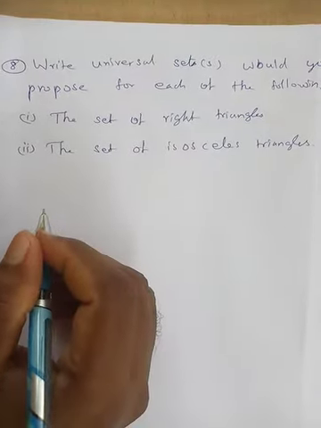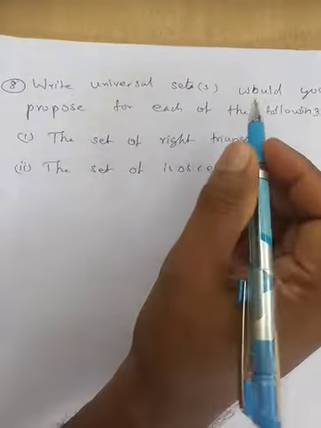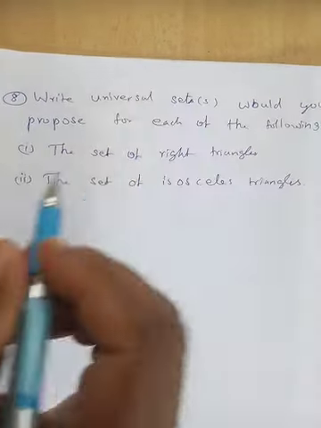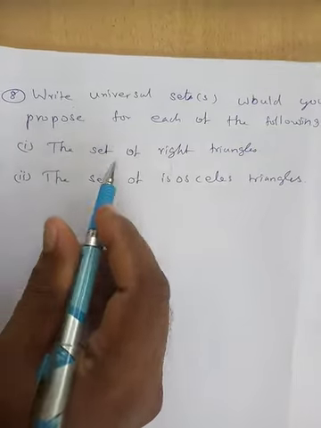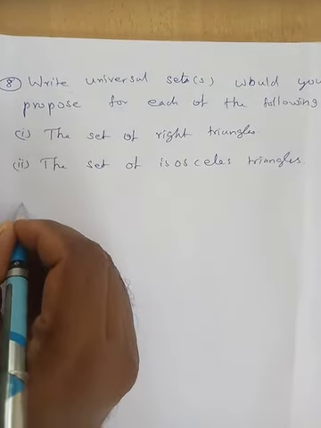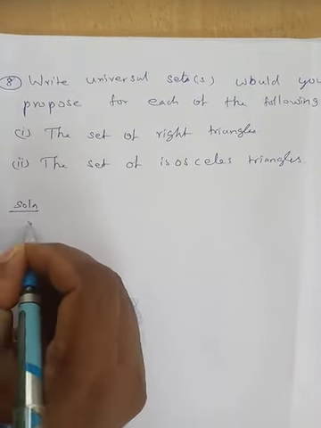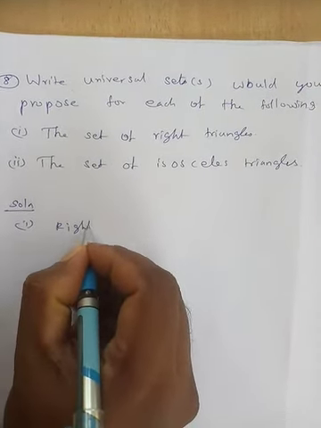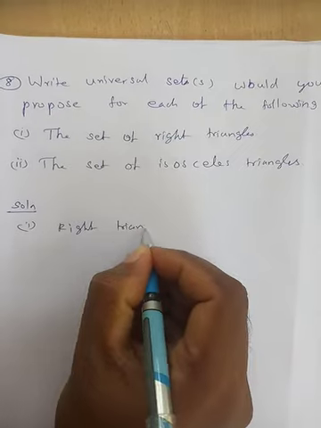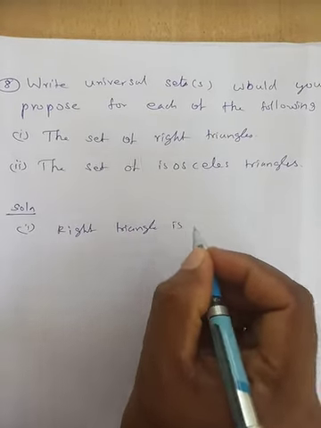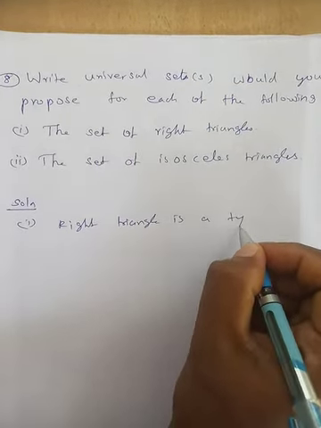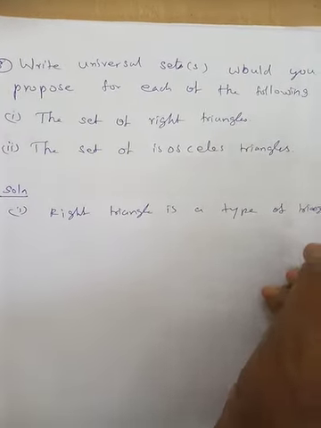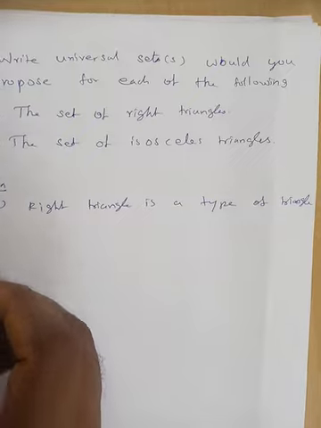Question number 8. Write universal sets you would propose for each of the following. First one, the set of right triangles. Solution. A right triangle is a type of triangle.